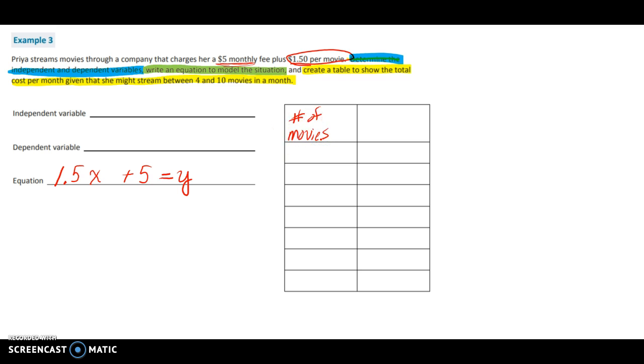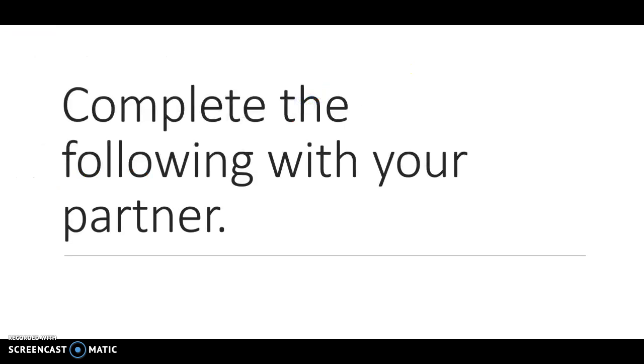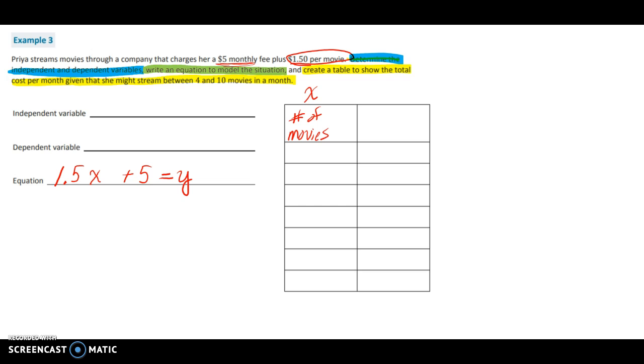That is my x value, my independent variable. So my independent variable is my number of movies, because that's the guy that changes. I could have 2 movies, 3 movies, 4 movies, 0 movies, 100 movies in that particular month.